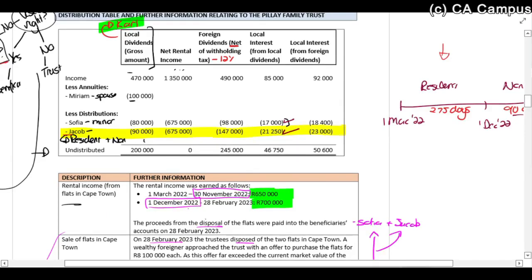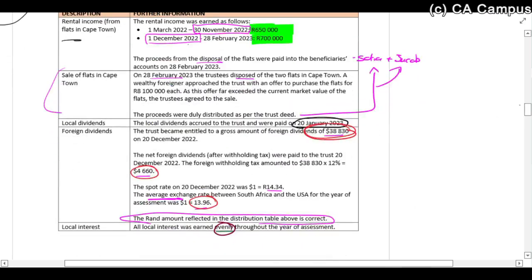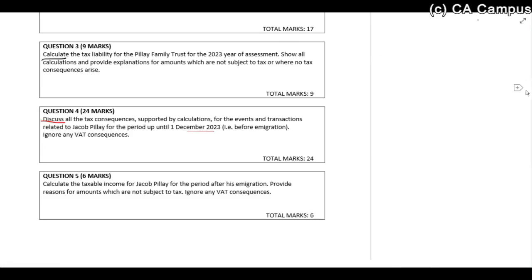The first thing that we talk about in here are the local dividends. Of these local dividends, that 90,000, he has a vested right to it, but you'll remember that this was paid on the 20th of January 2023, so it's in the period when he's a non-resident.